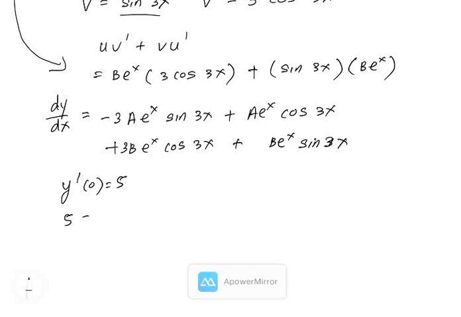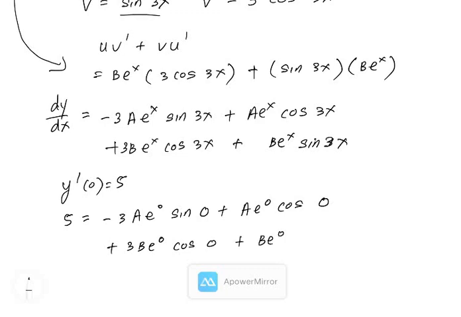So 5 equals negative 3a e to the power 0 sin 0 plus a e to the power 0 cos 0 plus 3b e to the power 0 cos 0 plus b e to the power 0 sin 0. Now e to the power 0 is 1, sin 0 is 0, cos 0 is 1.